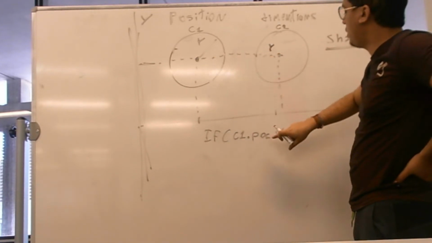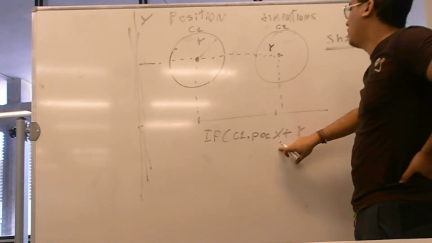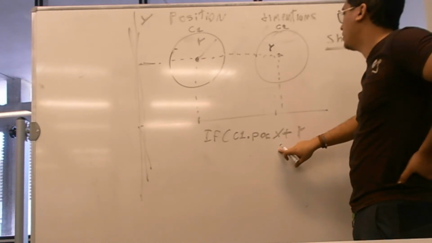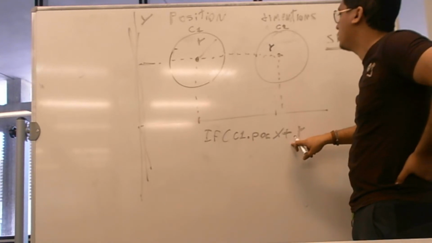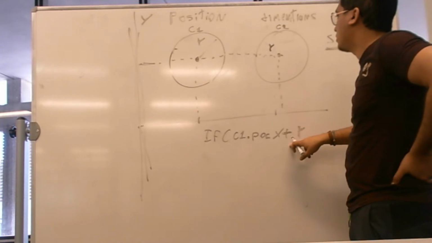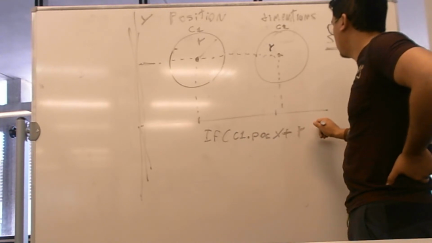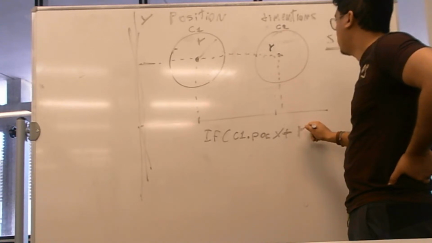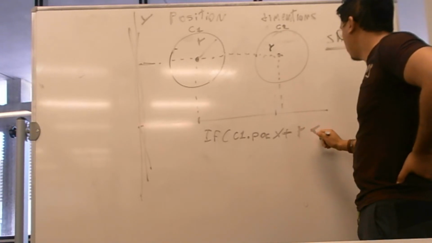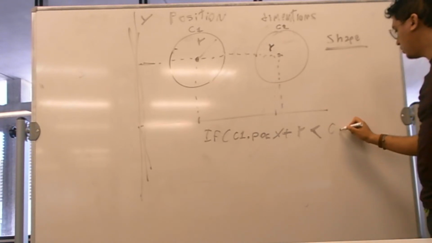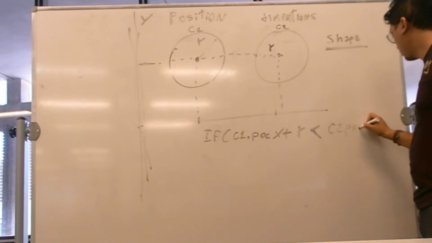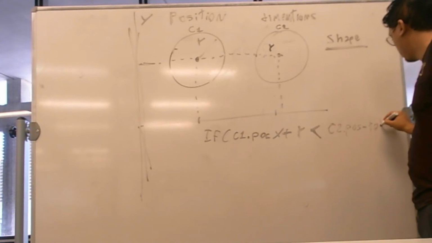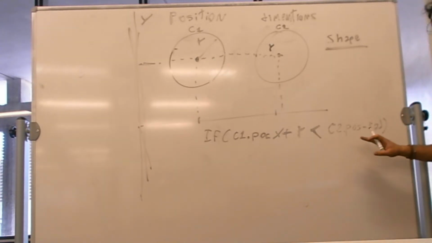If the x position plus that, it's also the minus one, true, but it equals x plus that is lesser than C2 position minus the radius, then that is the first condition.